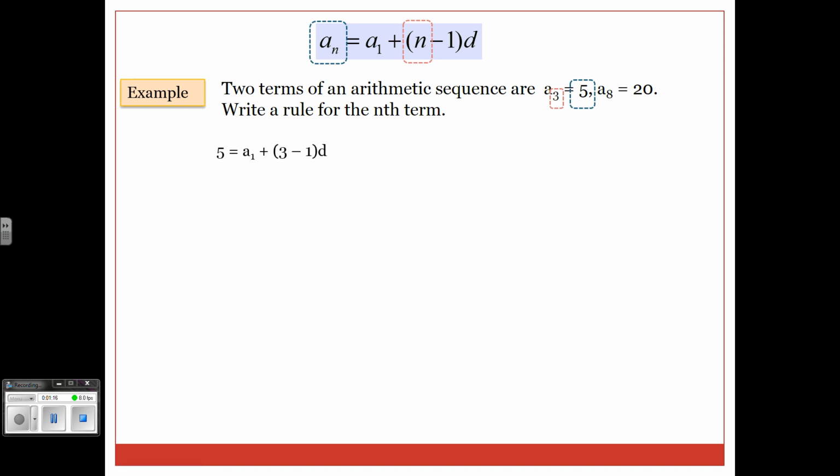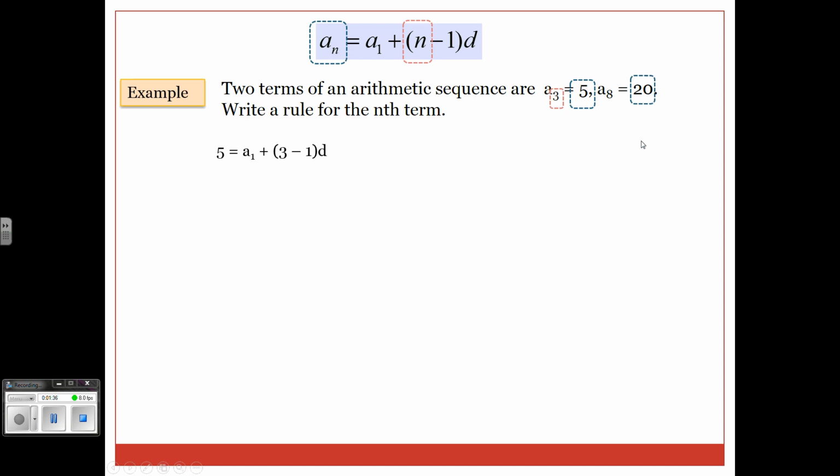Now it's an equation where I don't know a1 and I don't know d. But if we remember in algebra, if I have two unknowns, I can use two equations and solve for it using elimination method or substitution method. It's just a system.